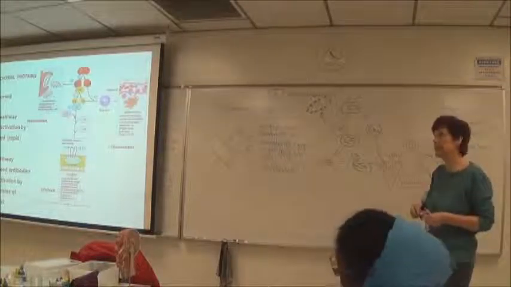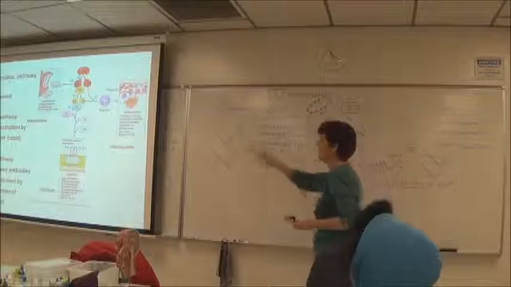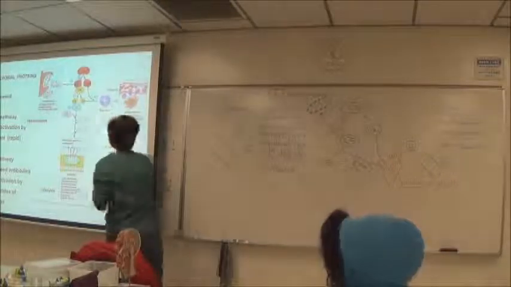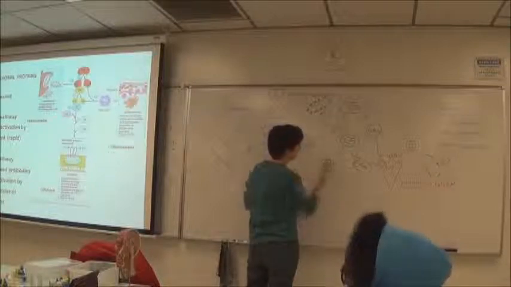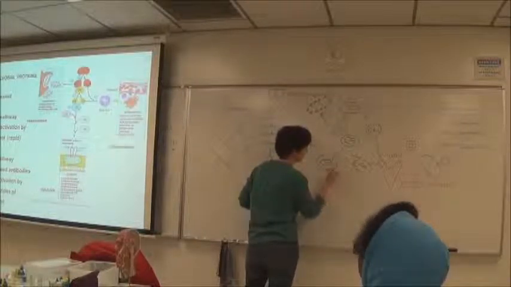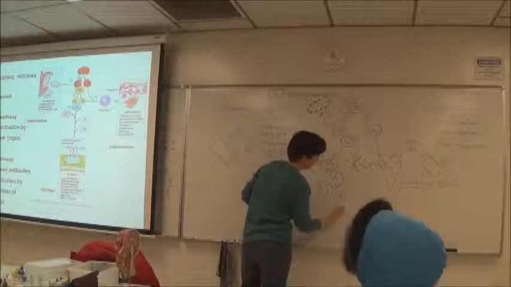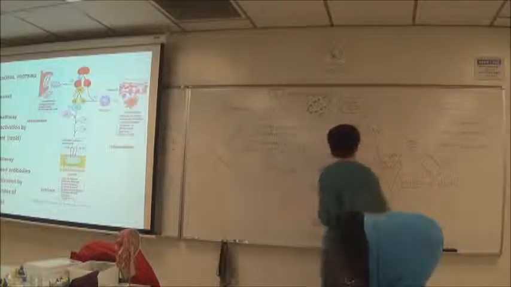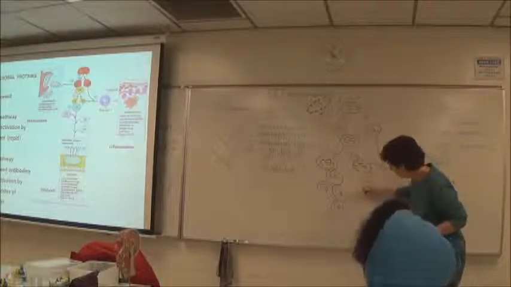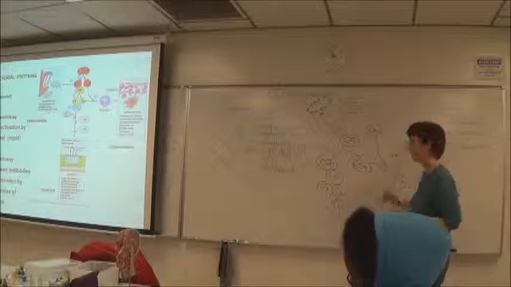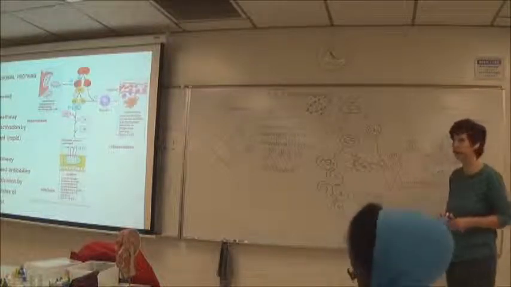And then what complement is best known for is we take additional complement molecules, C6, C7, C8, and C9, and a donut-like structure is formed that is inserted into the plasma membrane of a cell.